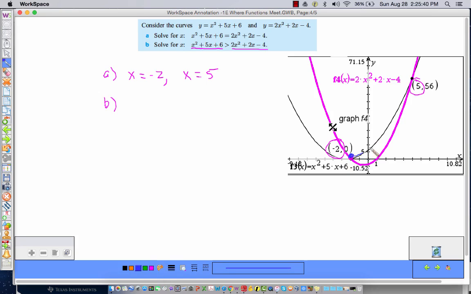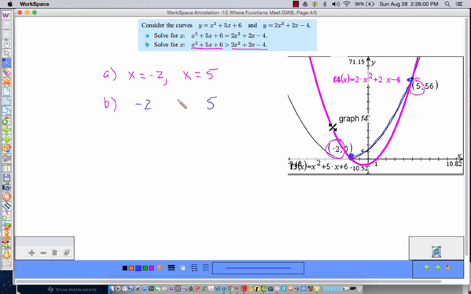You can see that in this part right here, it is above 2x squared plus 2x minus 4, which is in pink. So it's only greater than this function on this interval, which is between -2 and 5.